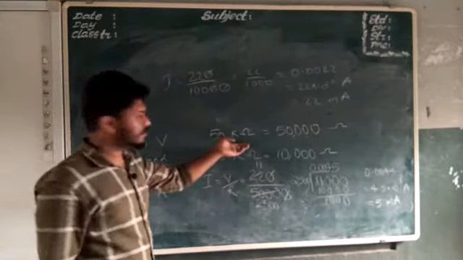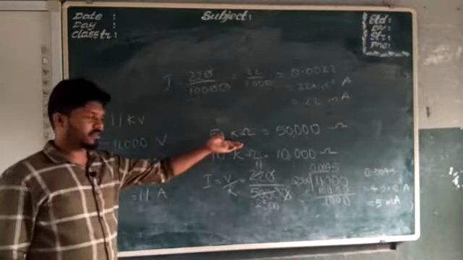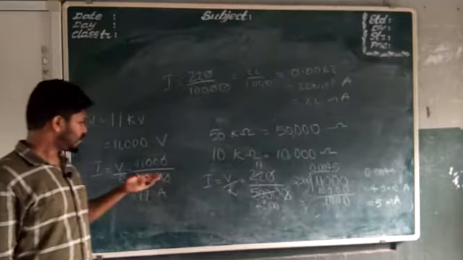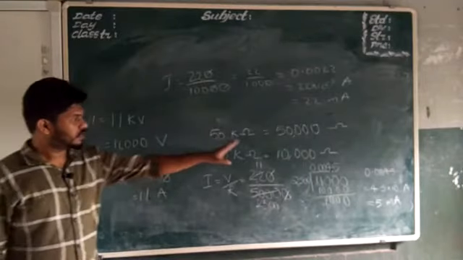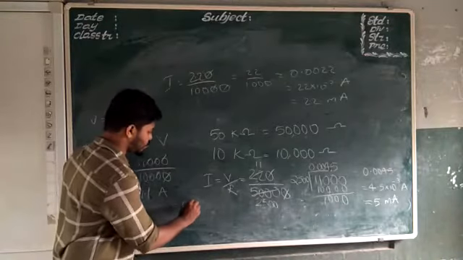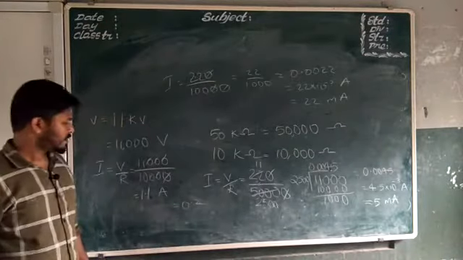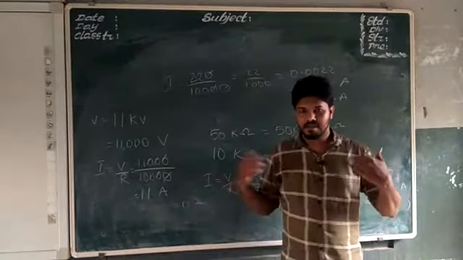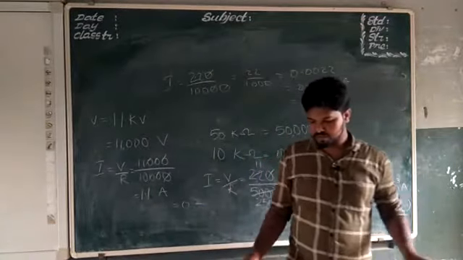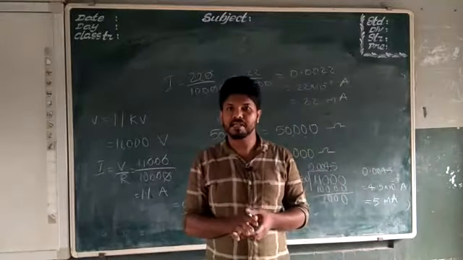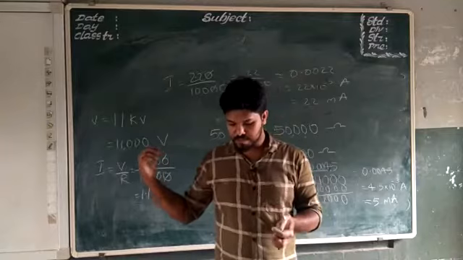If it is in the case of a wet body, you have to divide 11,000 by 50,000, which will also give us 0 point something, 0.2 or something. See, that's enough to make our nervous system be demolished. Our heartbeat will stop and eventually lead to death also.